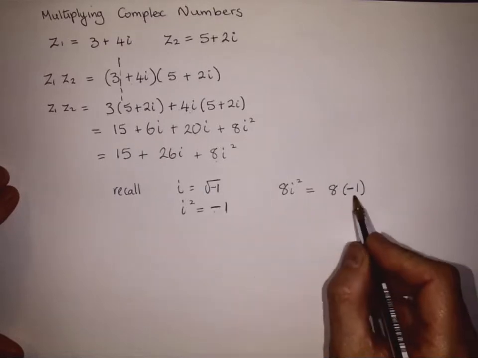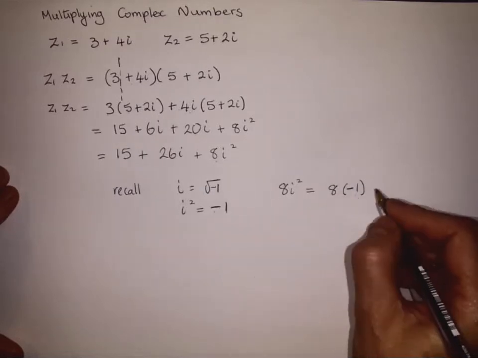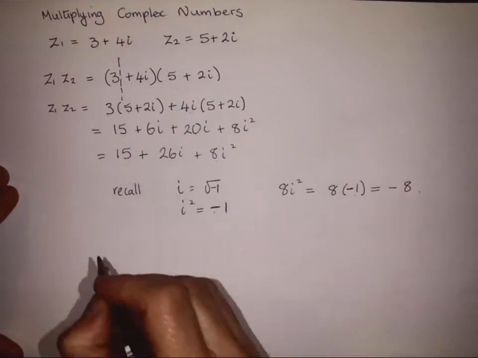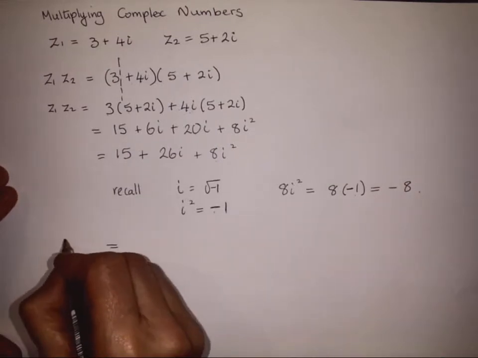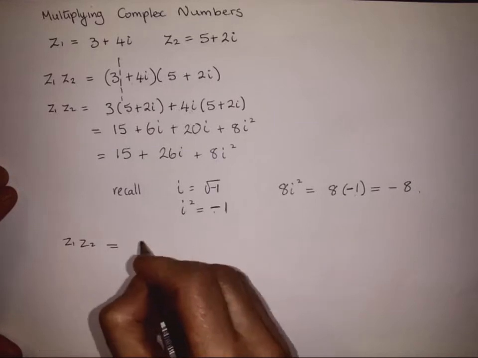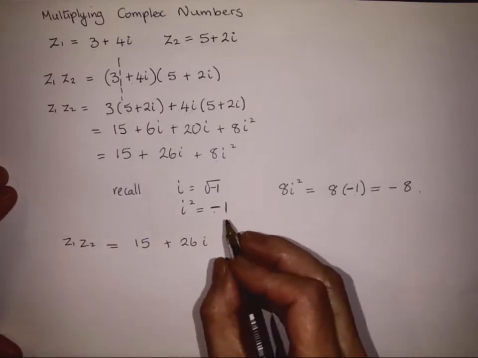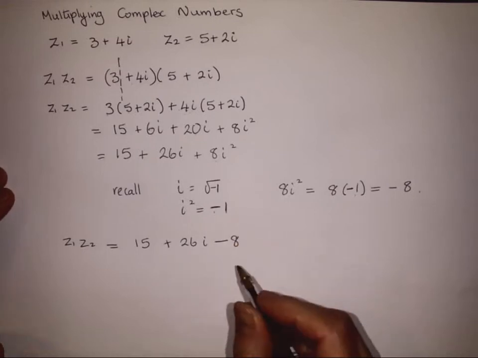Instead of i squared, we use minus 1, which is just minus 8. So the next row is going to be z1 z2 equals 15 plus 26i minus 8.